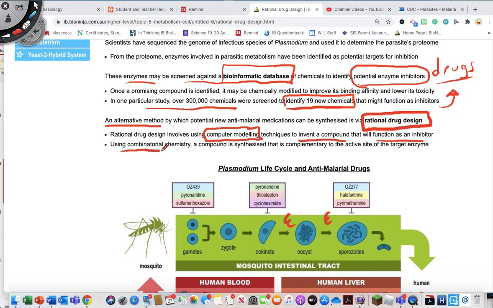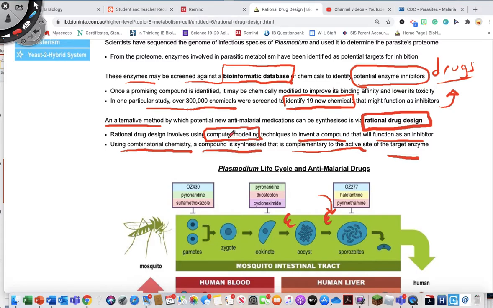You use what is known as combinatorial chemistry, which means that a compound is synthesized that is complementary to the active site of the target enzyme. So you're going to synthesize a compound that is going to bind to this enzyme, but you've used a computer modeling technique to do so.